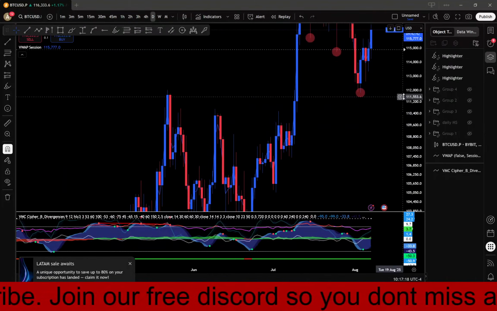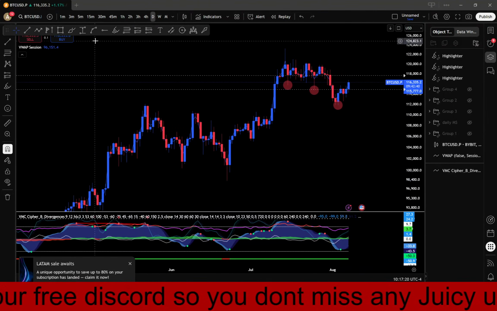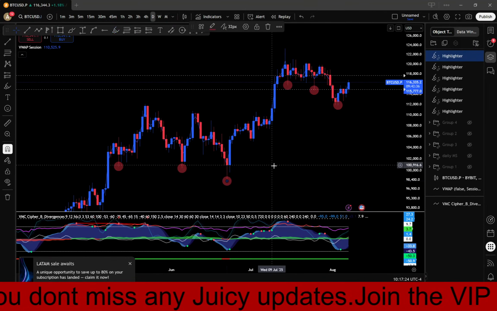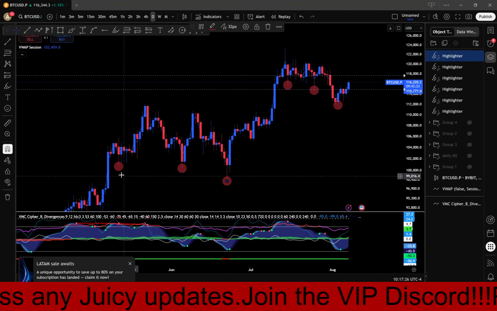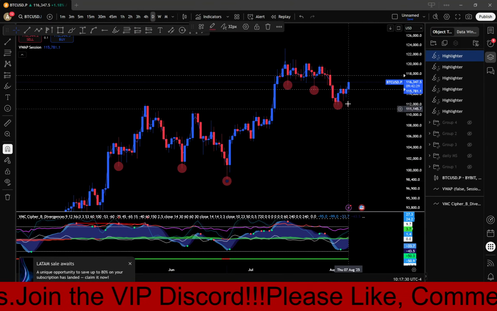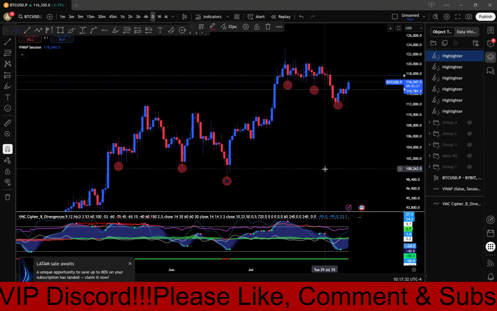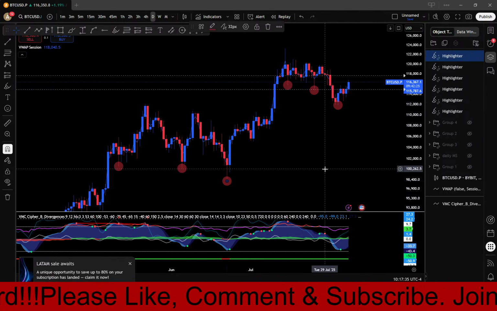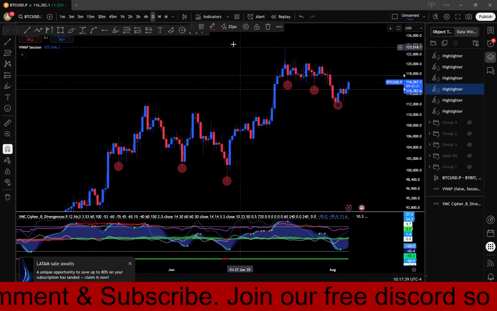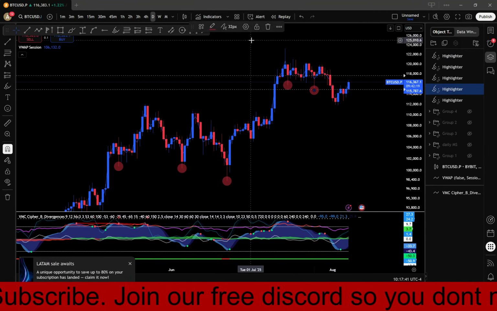And if we go back, we can clearly see that we did that here as well. However, this is not as clean as this, meaning that we didn't SFP, we actually closed below. But I'm still treating it as a model one accumulation because we had three taps at the lows, right?